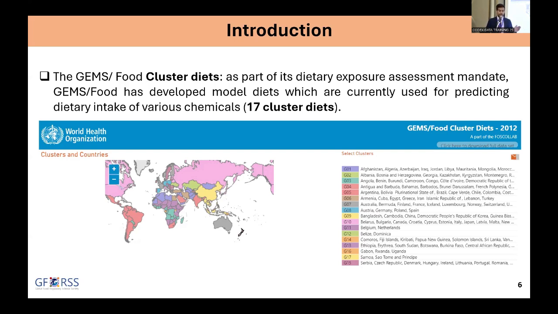We have 17 cluster diets. When we access food consumption data through GEMS, this data will be representative of cluster diets, or an association of countries. But that's not our objective here, to speak more about consumption data. So we will skip this information and dive into the part related to the occurrence data.